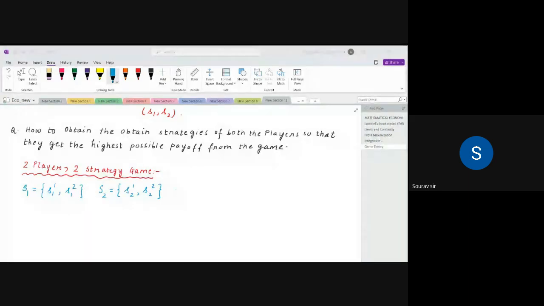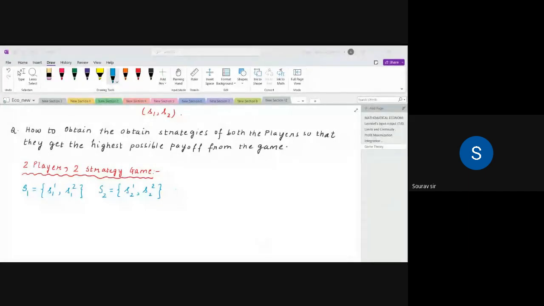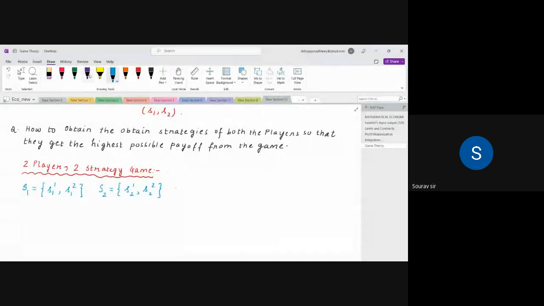Now tell me something. It might be possible that in a particular scenario, player 1 chooses to play his first strategy, and player 2 chooses to play his first strategy. In that case, what would be the payoff of player 1?